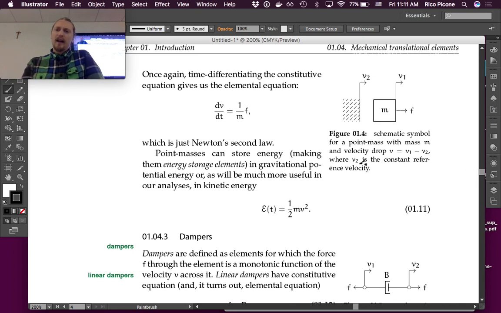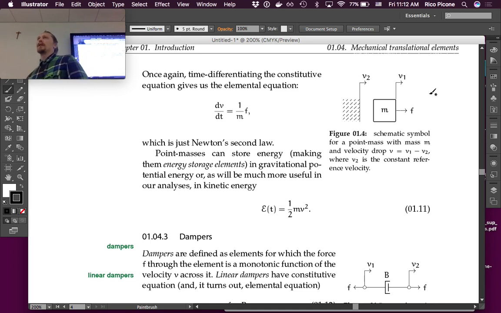So let's look at the schematic here. The point mass has a position coordinate or a position derivative, velocity v, that describes its motion, but it's always referenced to an inertial reference frame, right?